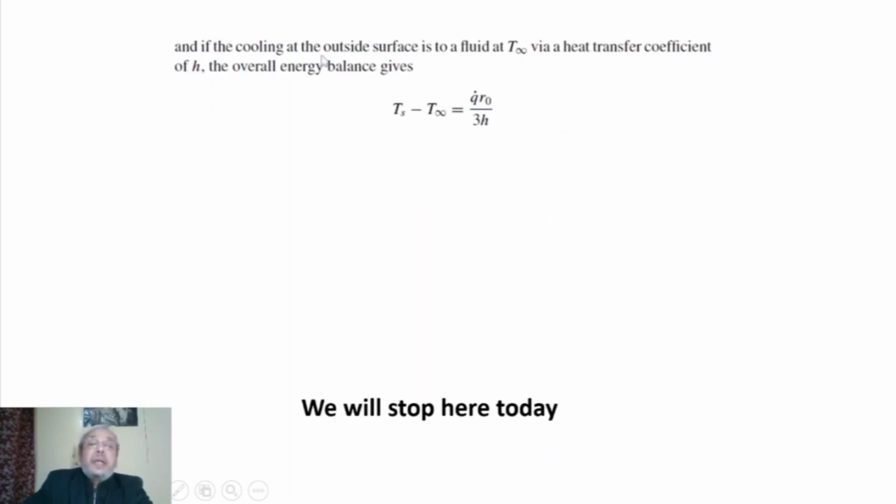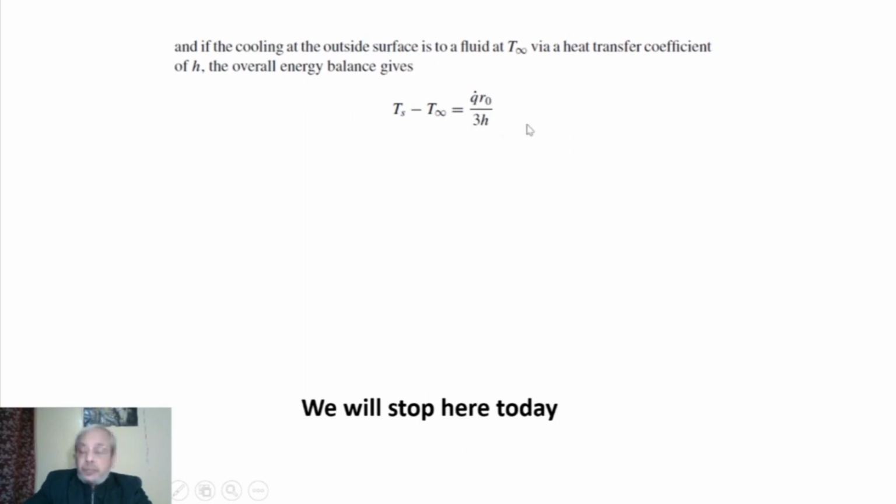And if the cooling at the outside surface is to a fluid at temperature T infinity via a heat transfer coefficient H, or film heat transfer coefficient H, the overall energy balance will give Ts minus T infinity equal to Q star R naught by 3H.